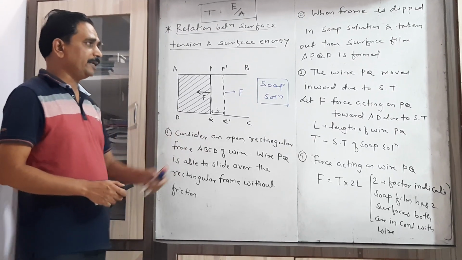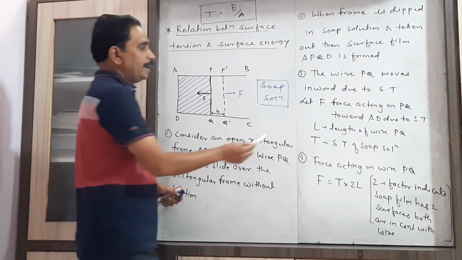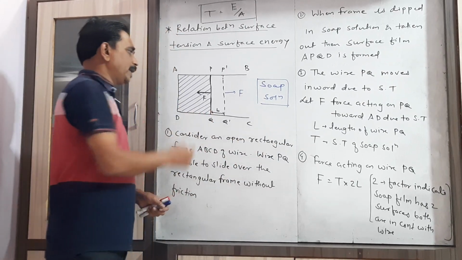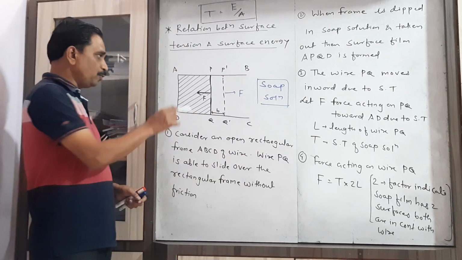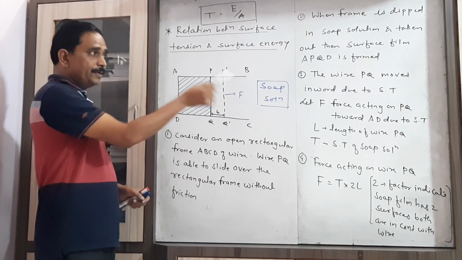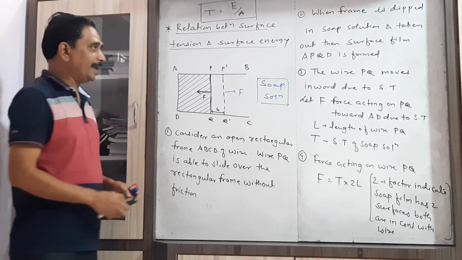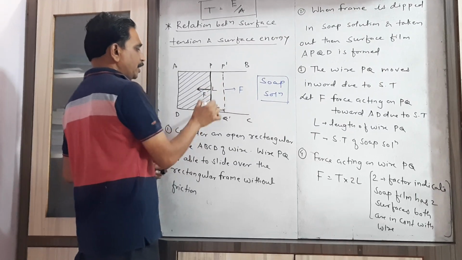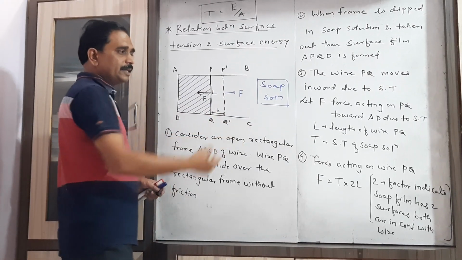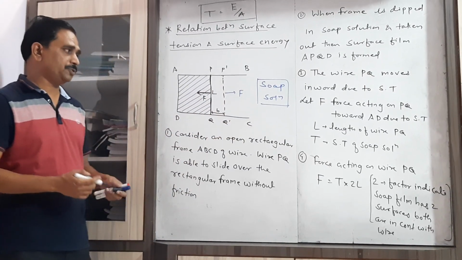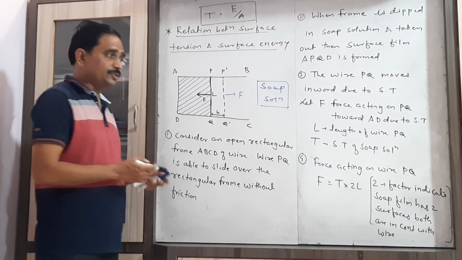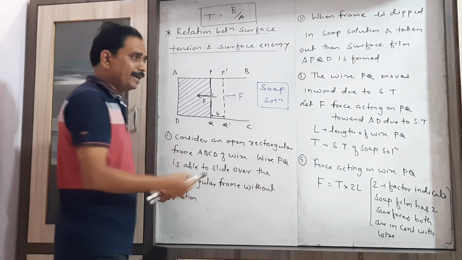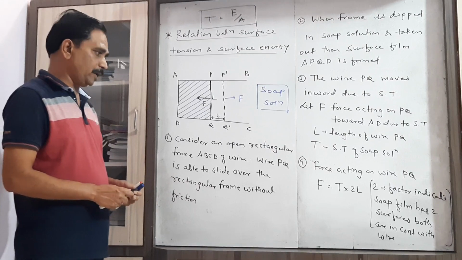Now consider various physical quantities. Let F be the force acting on the side PQ toward AD because of surface tension, L be the length of this side PQ, and T be the surface tension of the soap solution. Now you have to consider the force acting on the wire PQ.